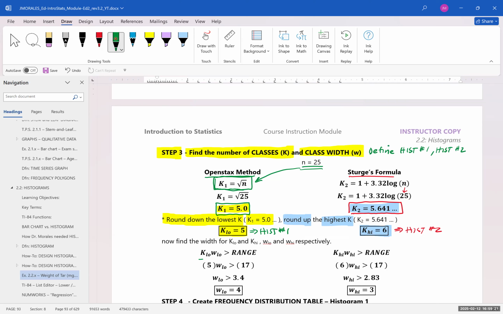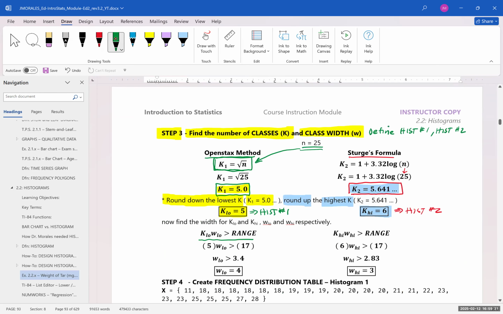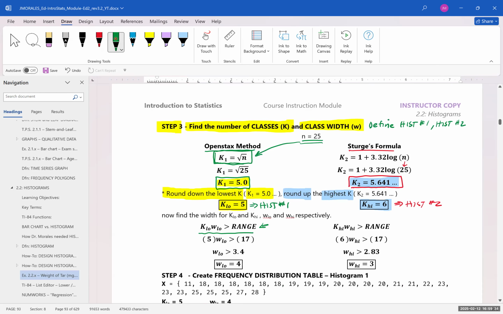To do that, we use this formula: K low times W low has to be greater than our range. Our range, I think that was step 2, so this we got in step 2. And so the range was 17. And K low we calculated up above to be 5.